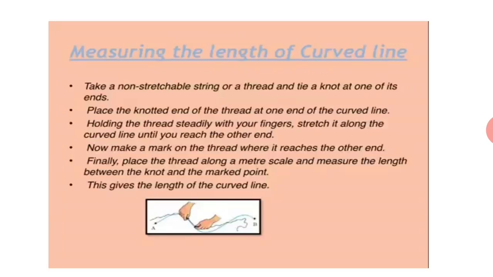Now make a mark on the thread where it reaches the other end. Now you know you have moved the thread along the curved line. Now remove it from the curved line, place the thread along the meter scale and measure the length. When you measure the length from one knot to the other, you will get the exact length of the curved line.